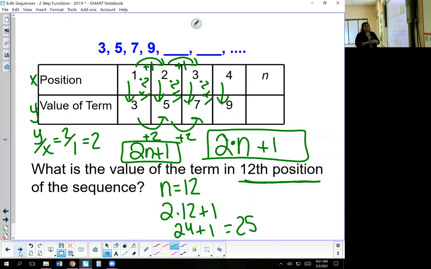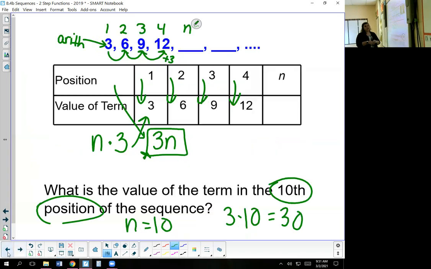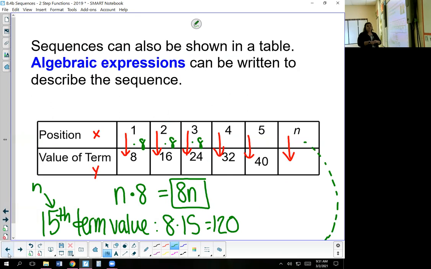two-step equation here. By the way, this one is not proportional. However, the last one I did is proportional, because it would go through 0, 0. If I plugged in 0 and multiplied by 3, I would get 0. Hence why it is proportional.